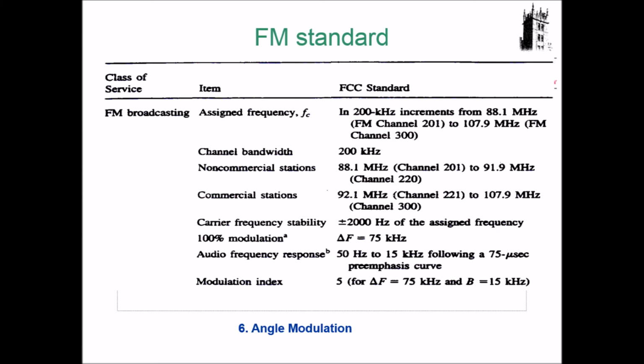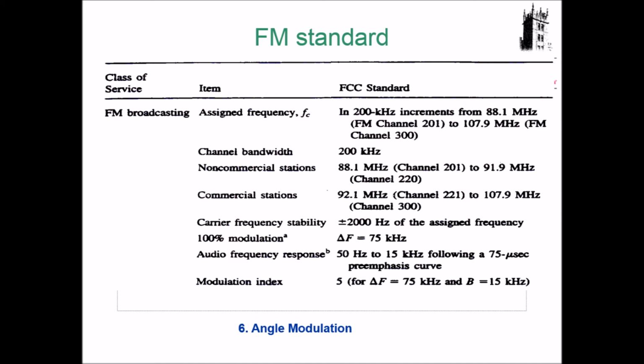Here, just copied from our textbook, for FM broadcast. You know, when you tune the carrier frequency to a channel, the non-commercial stations run from channel 201 to channel 220, so 88.1 megahertz to 91.9 megahertz.